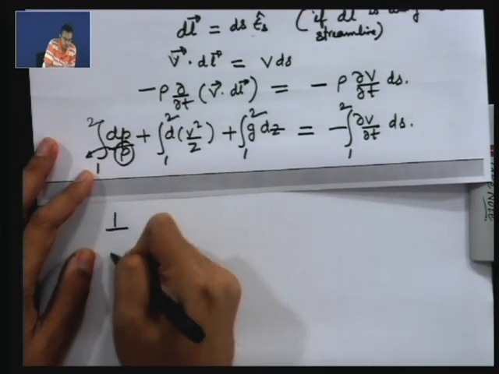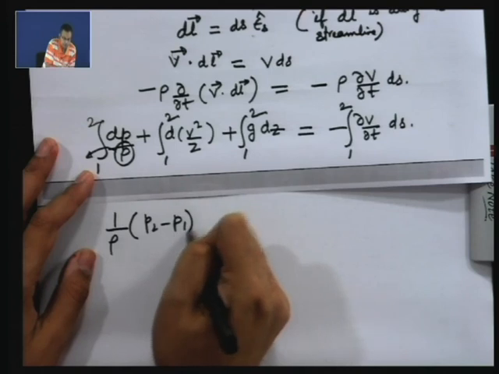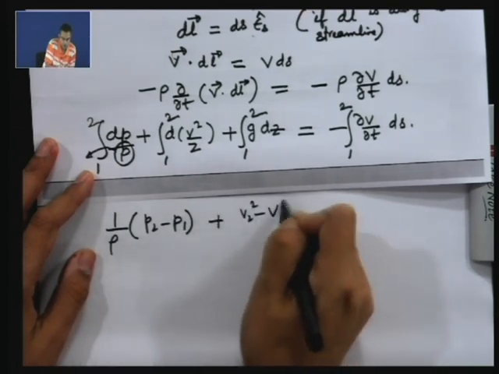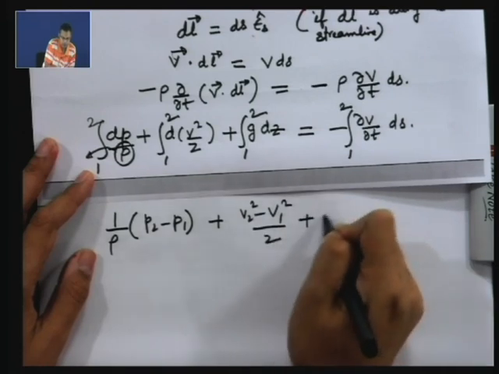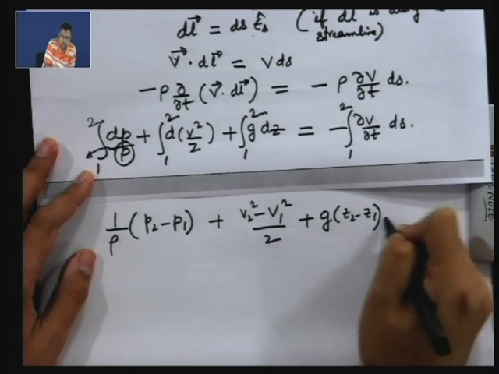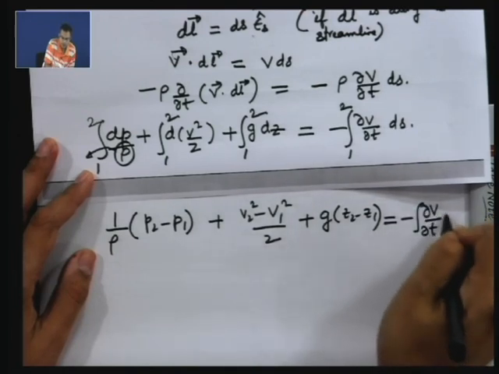So, 1 by rho P2 minus P1 plus V2 square minus V1 square by 2 plus G into Z2 minus Z1 is equal to minus integral of del V del T ds.